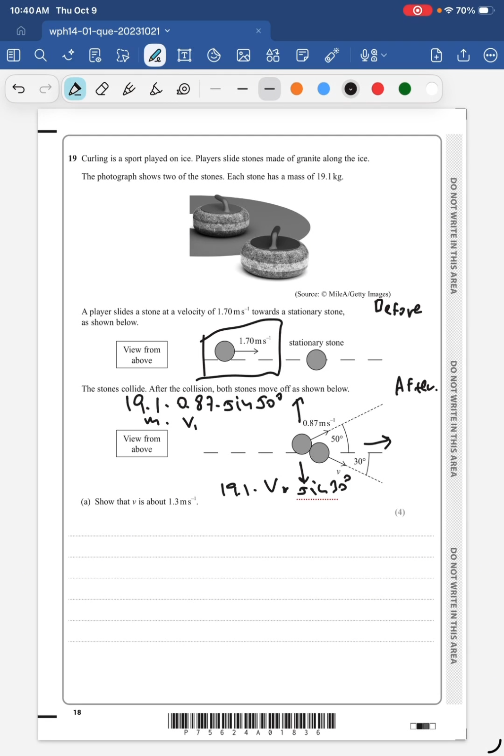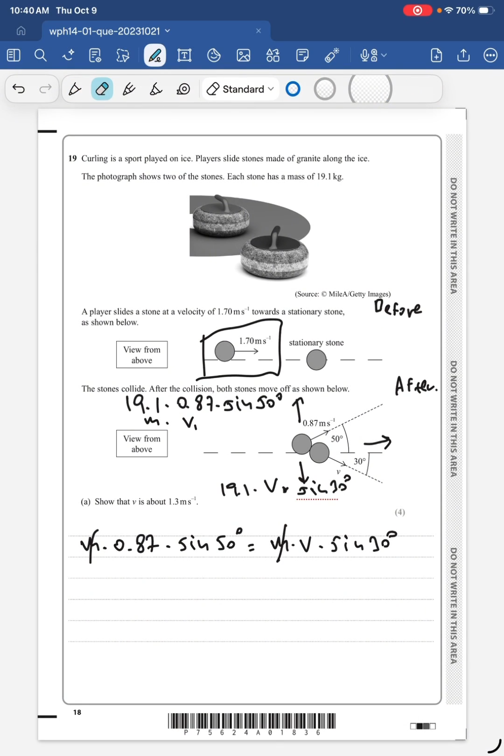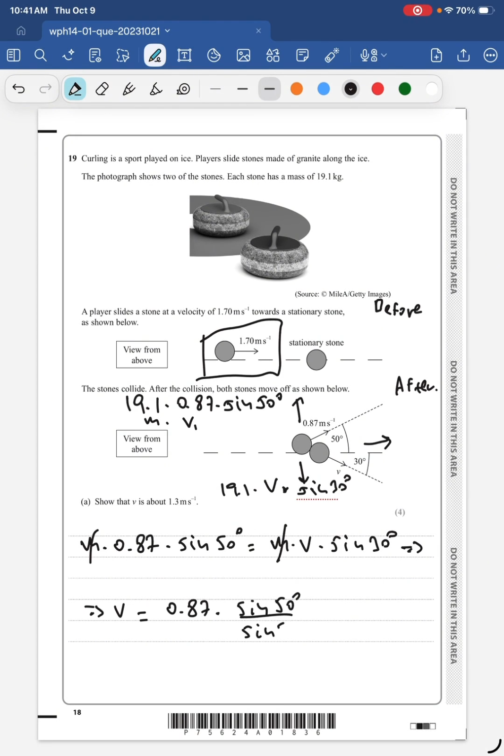So let's write that down. m times 0.87 times sine of 50 is equal to m times v times sine of 30, and the masses cancel. This is what I meant when I said that when you have momentum and collision and the masses involved are equal, you always get nice simplifications. So v is 0.87 times sine of 50 over sine of 30.